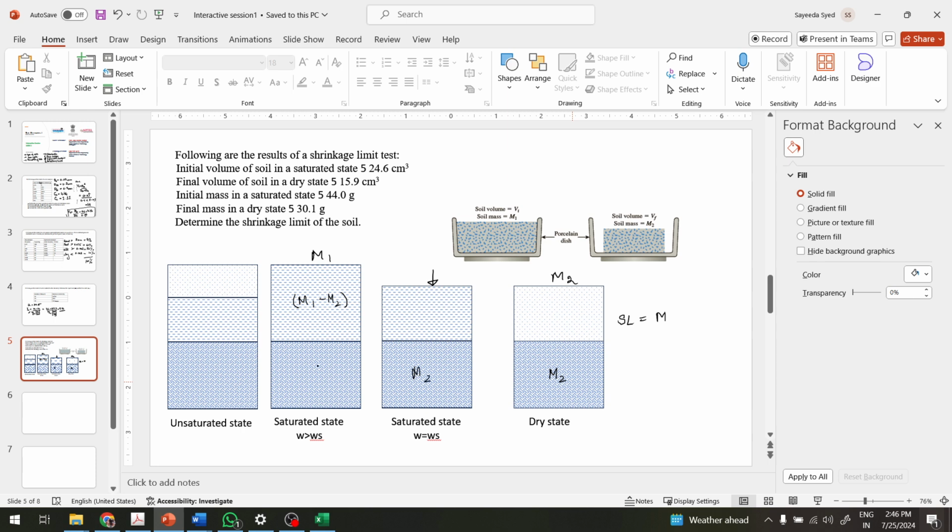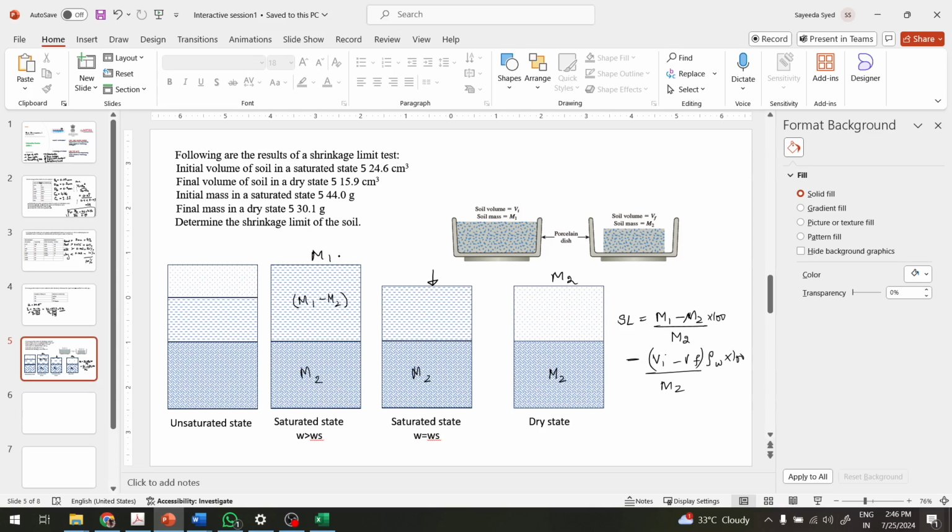Okay, so shrinkage limit will be (M1 minus M2) over M2 into 100, minus (V1 minus V2) over M2 times rho W into 100, where rho W is the density of water.